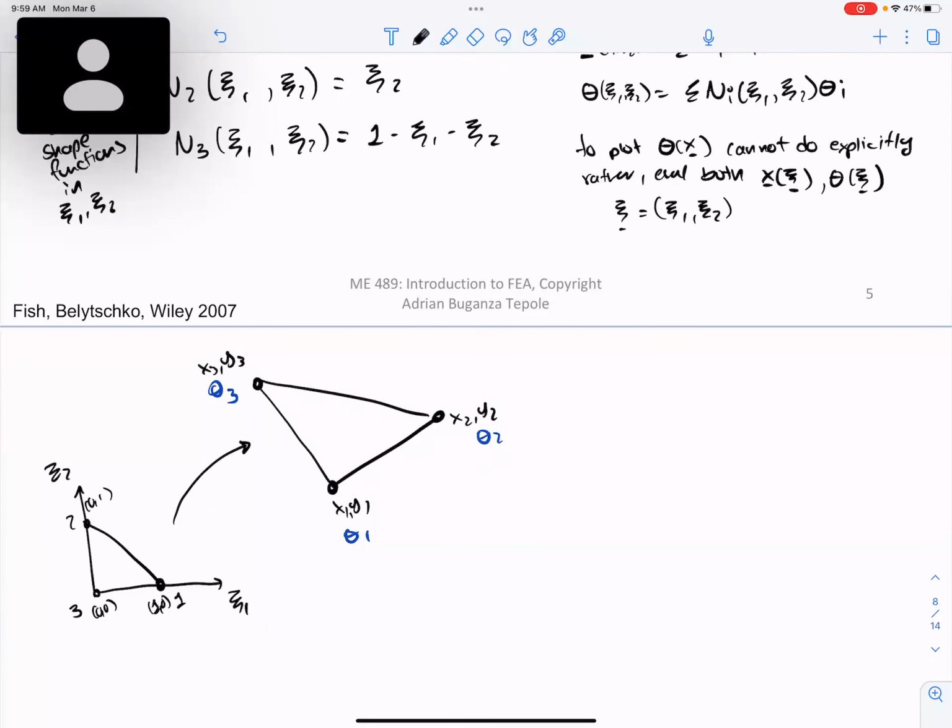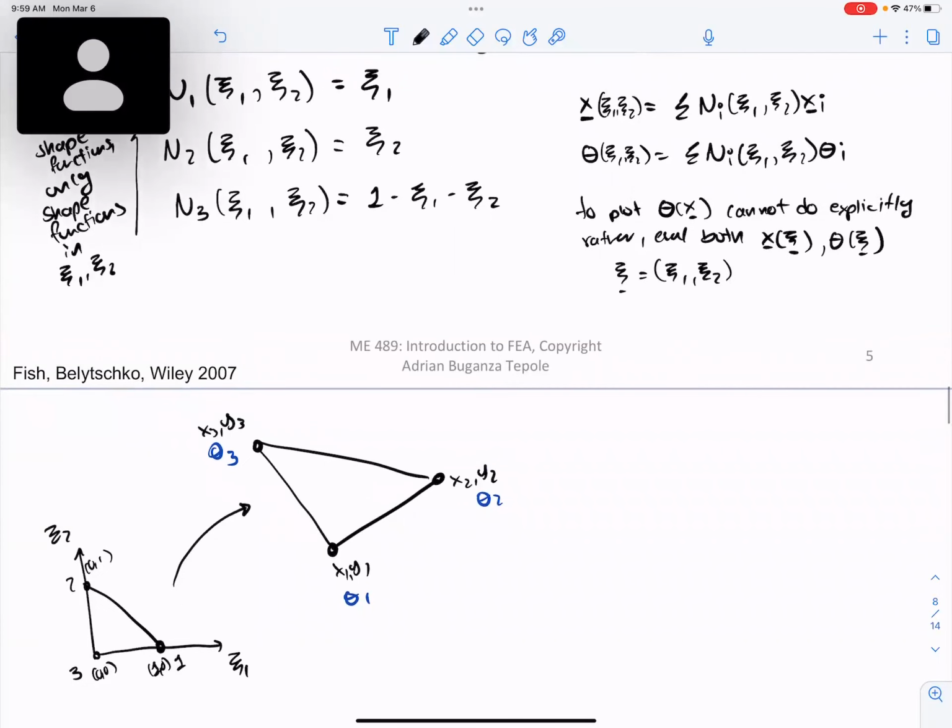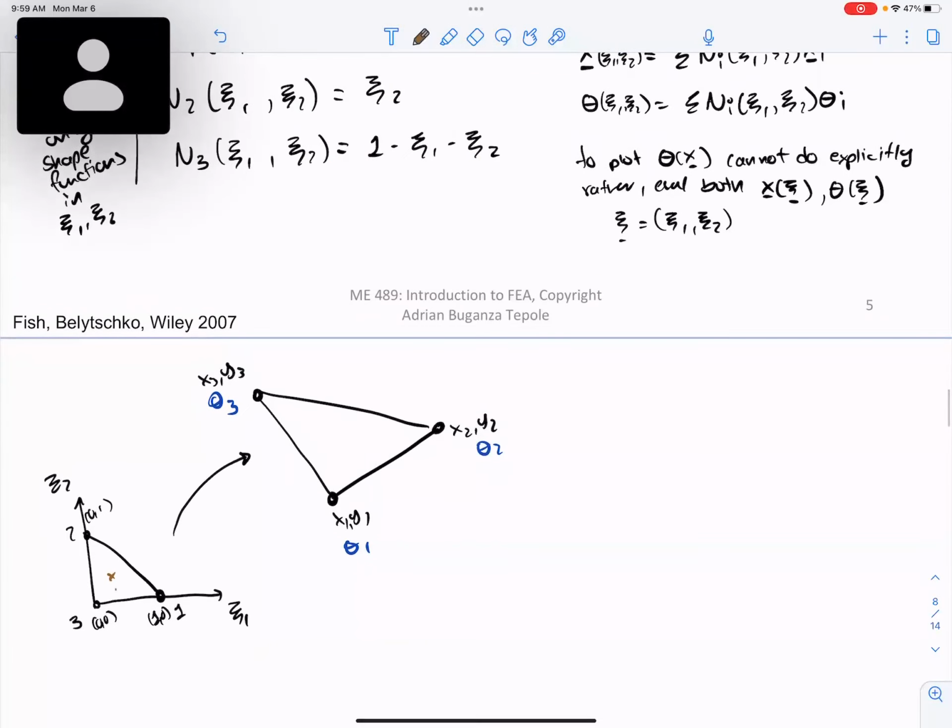What this isoparametric map tells us is that you would have to pick values here. Let's say that you pick the value psi1 equals 0.5, psi2 equals 0.2. Just a random number that is inside of the triangle.